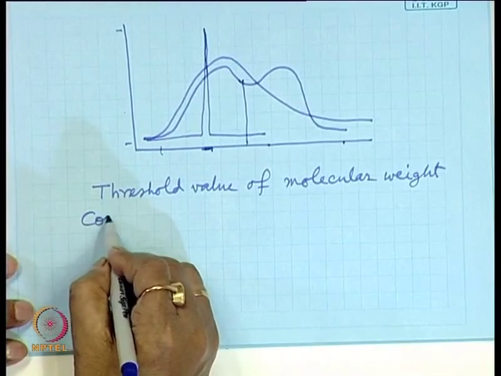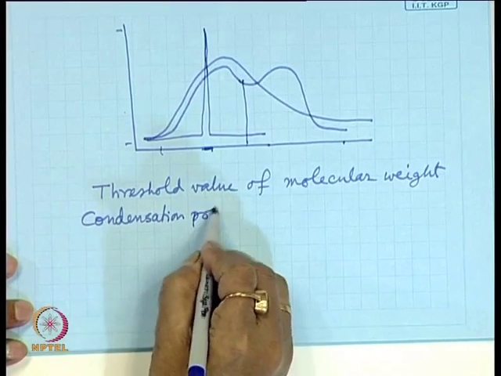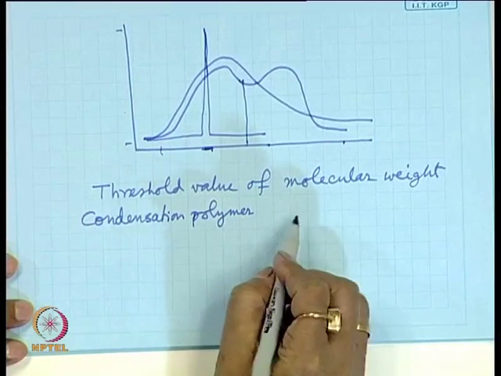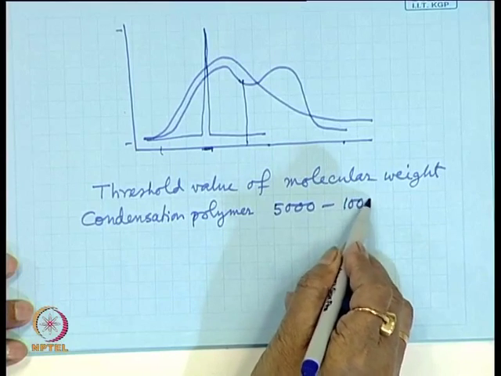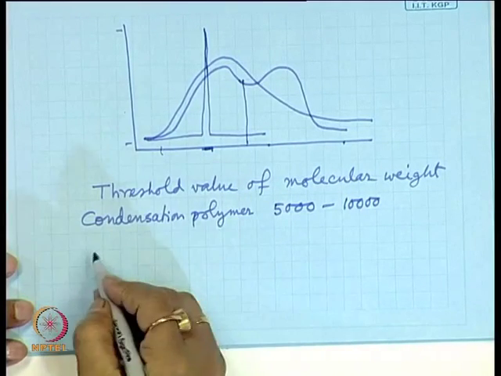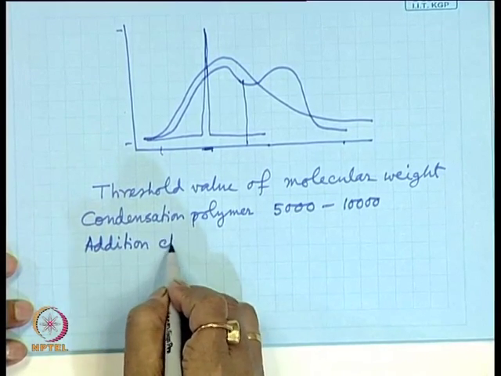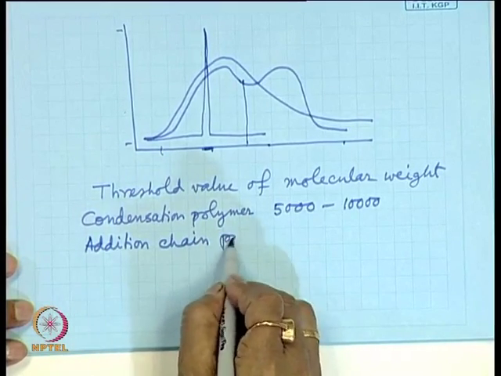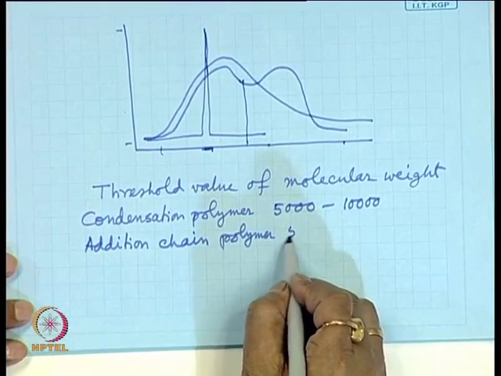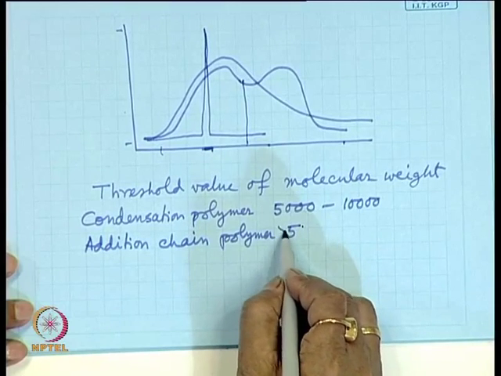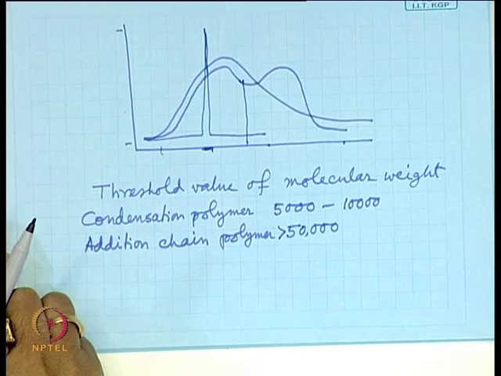What is this threshold value? For condensation polymers, this threshold value can be 5000 to 10,000, whereas for addition chain polymers, this threshold value can be higher than 50,000, greater than 50,000.